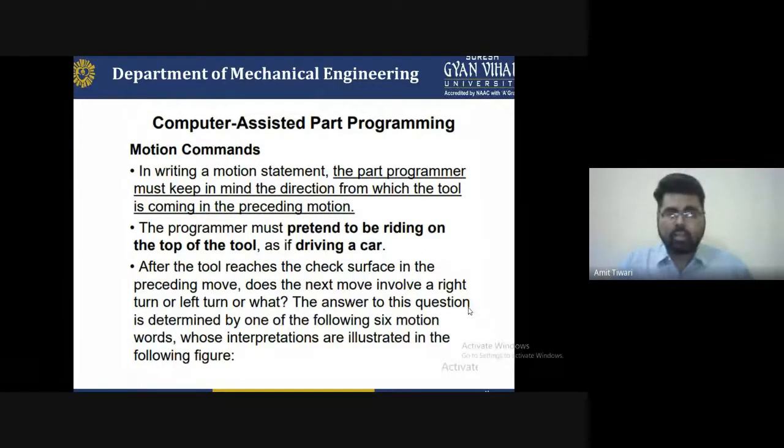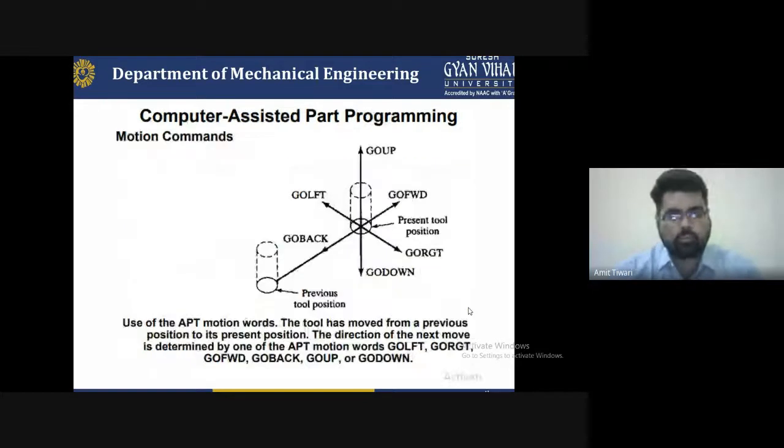So whatever you have to do, you just write a program, imagining riding on top of the tool, and if the conditions are met, you fill in the idea. You can see in this diagram of computer assisted part programming that the motion commands are shown in the figure.